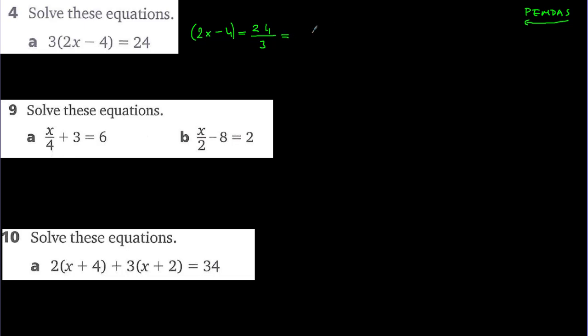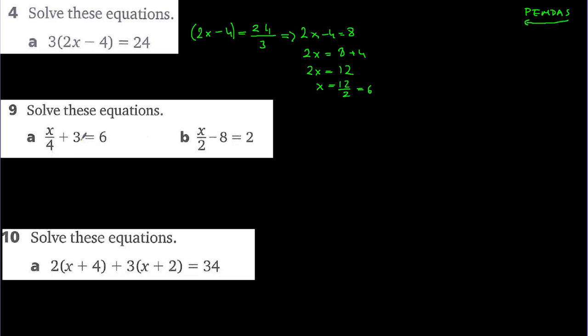Then 2x minus 4 is equal to 8, and then 2x is equal to 8 plus 4, because when it goes to the other side it's going to be plus. 2x is equal to 12, so x is equal to 12 divided by 2, which is equal to 6. Okay, so x is equal to 6 here.